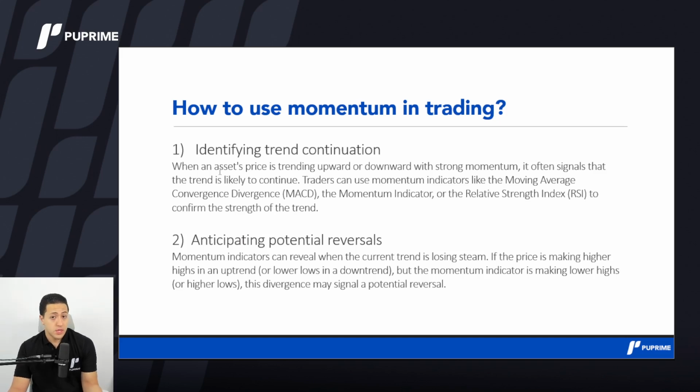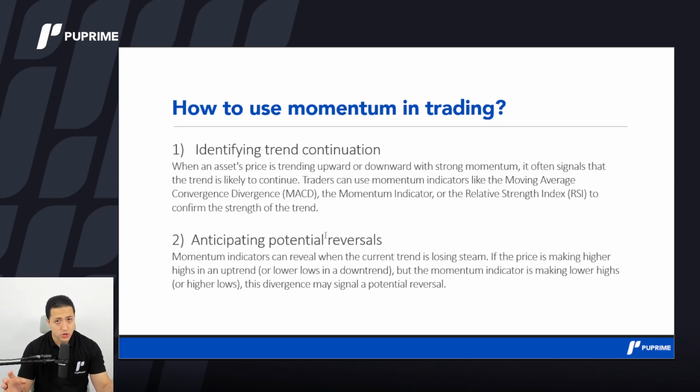So the first use of momentum in trading is to identify the trend. However, this means that the momentum should be strong. It would tell you that this trend will continue. The other use is to anticipate potential reversals, which is the other way around, because you only have one of two scenarios.